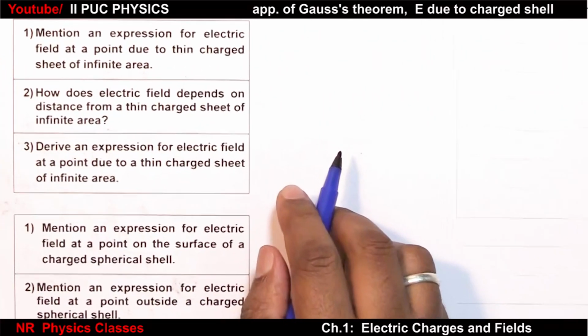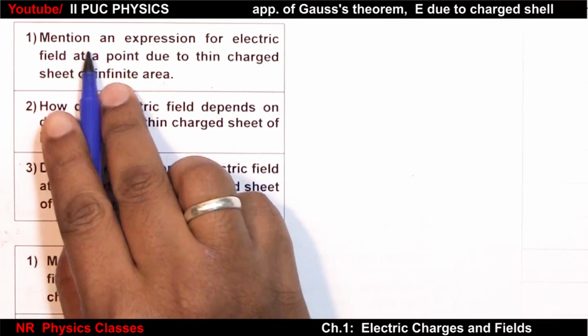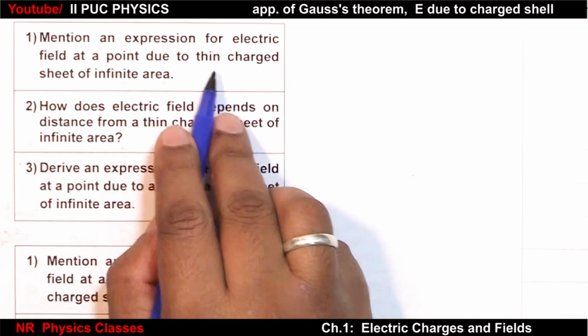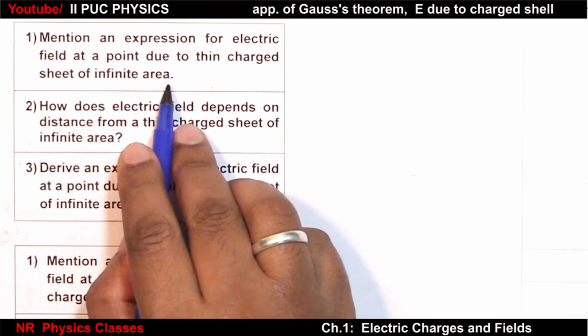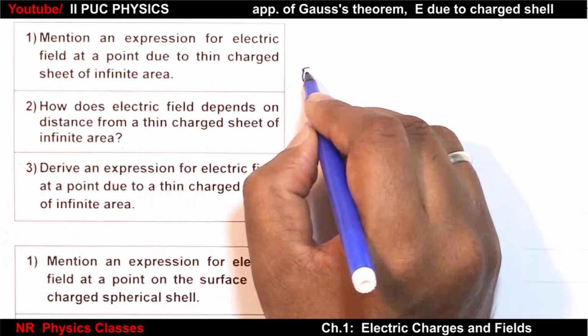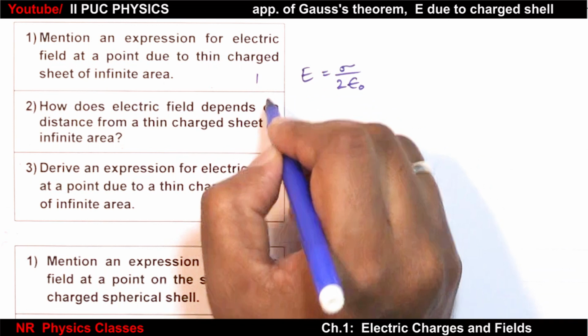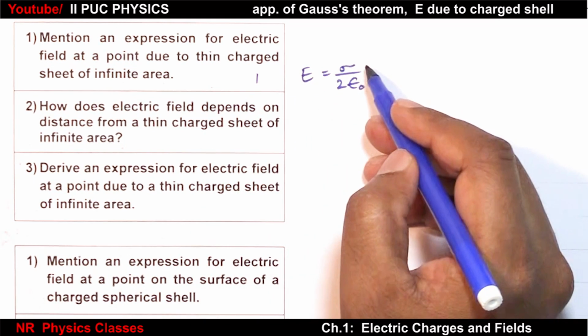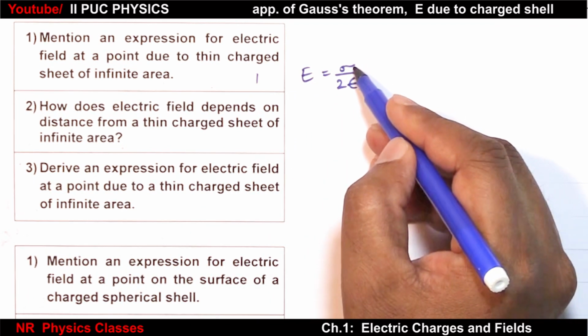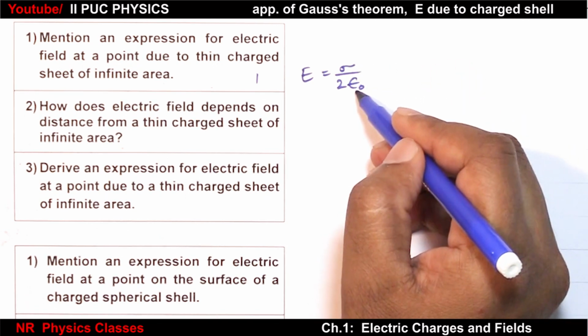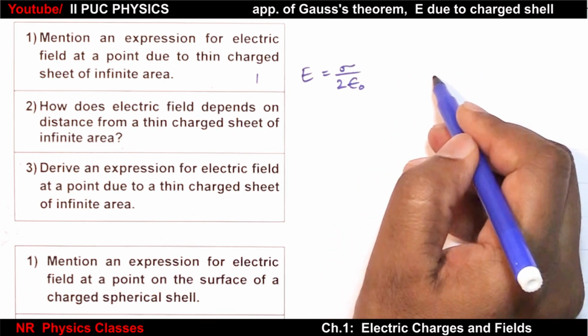Now from the second application. Mention an expression for electric field at a point due to a thin charged sheet of infinite area. Electric field equal to sigma by 2 epsilon naught. 1 mark. I suggest you write the terms where sigma is surface charge density, epsilon naught is absolute permittivity of free space.